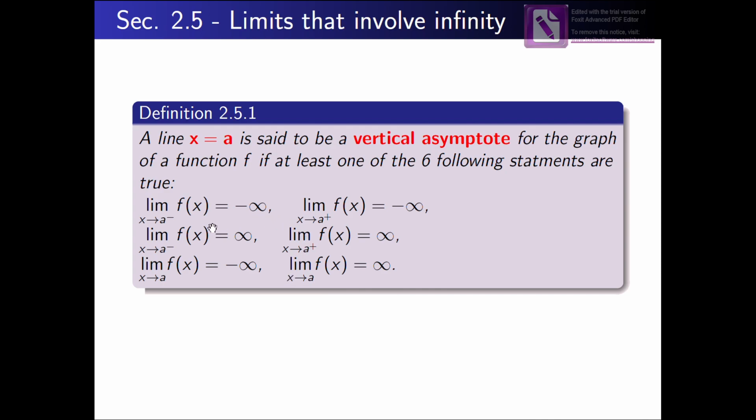So if one of these 6 statements is correct, we say that the function has a vertical asymptote when x is equal to a.